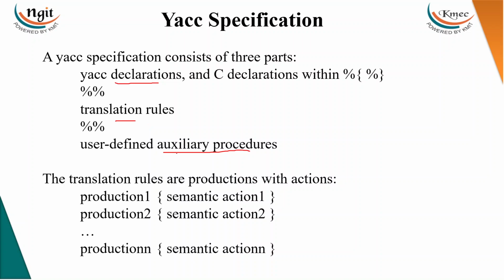In the auxiliary procedures, we call the appropriate procedures, whether you are writing in C or Java, just like the Lex specification rules. For example, if you have a production like S tends to XY, what action you have to perform, whether you have to update or derive something, you specify here.